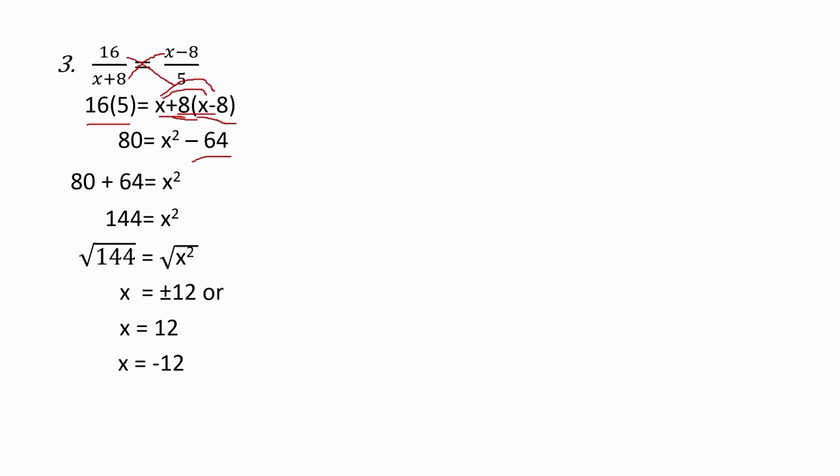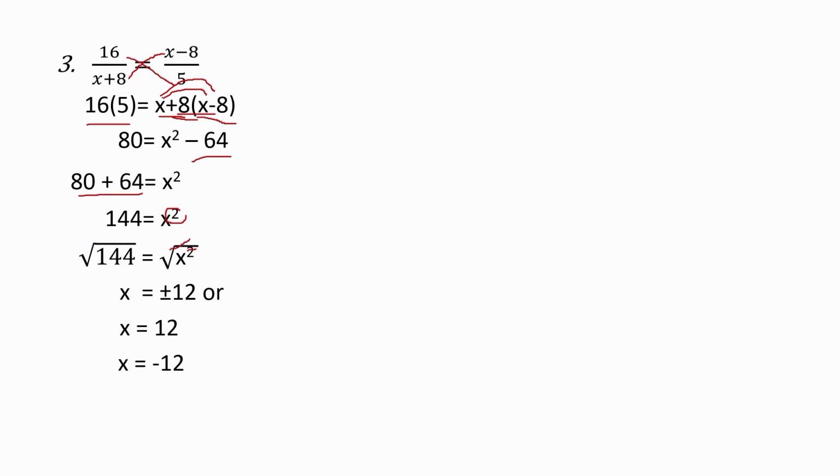Then add these two, so 80 plus 64, that is 144, is equal to x squared. Now to eliminate the exponent here too, we have to extract the square root of both sides of the equation. So the square root of x squared, that means we can cancel the x and the radical sign.